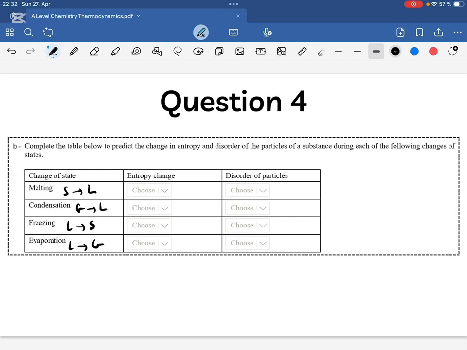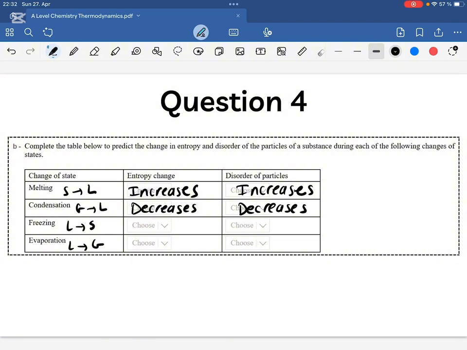So the entropy change for the first one is going to increase because we're going to a more random state, which is the liquid. And liquids are more random than the solid, so the disorder of particles is going, of course, to increase. Then we're going from gas to liquid, so the liquid has less disorder, so it's going to decrease. Gases are more disordered, so this decreases, and the disorder of particles, of course, is going to decrease.